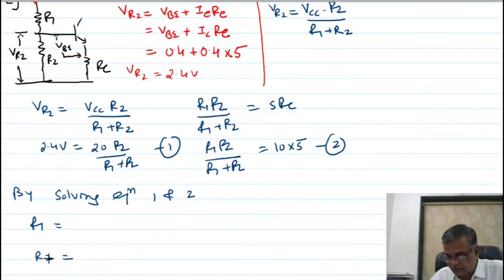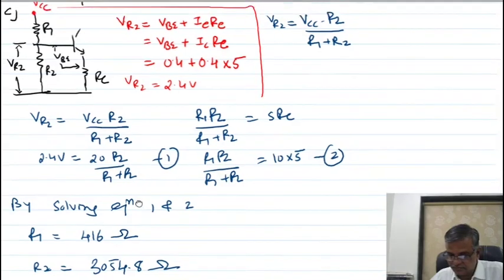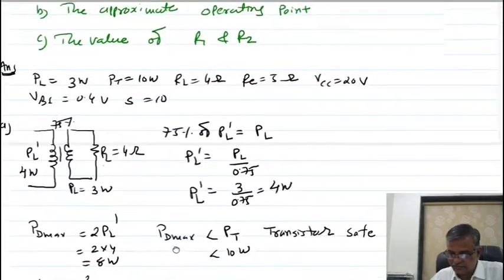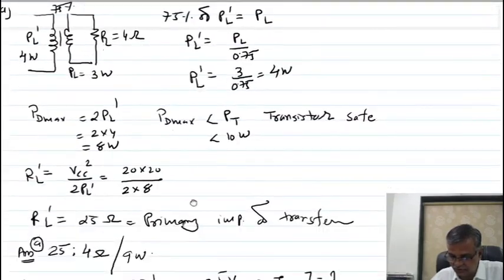You can write R1 is 416 ohm. In this way, you can solve this numerical. We already know this, we have done this only for revision. So this numerical is over now.